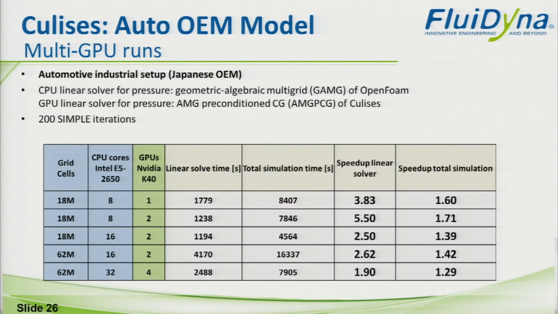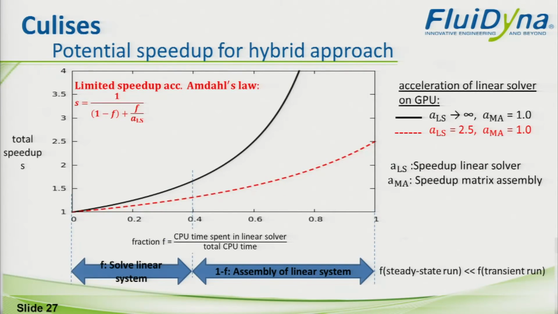Similarly, it shows the performance on a higher number of CPUs and also a higher number of GPUs. But the amount of acceleration you can get by just accelerating the linear solver is limited, especially in the context of OpenFOAM. In OpenFOAM, you use the equivalent of the segregated solver option in Fluent, where you solve each equation separately: pressure, U, V, W, and turbulence equations.